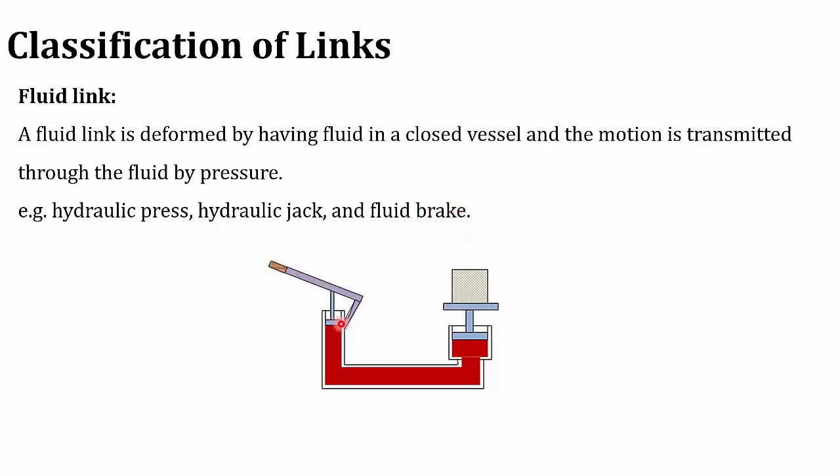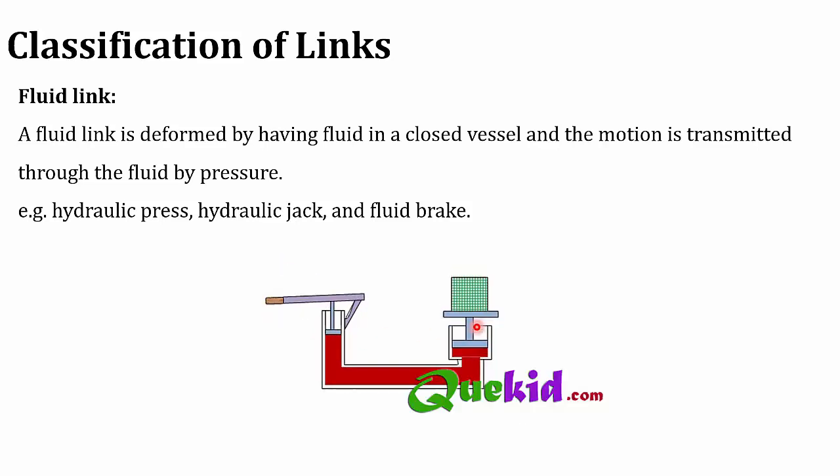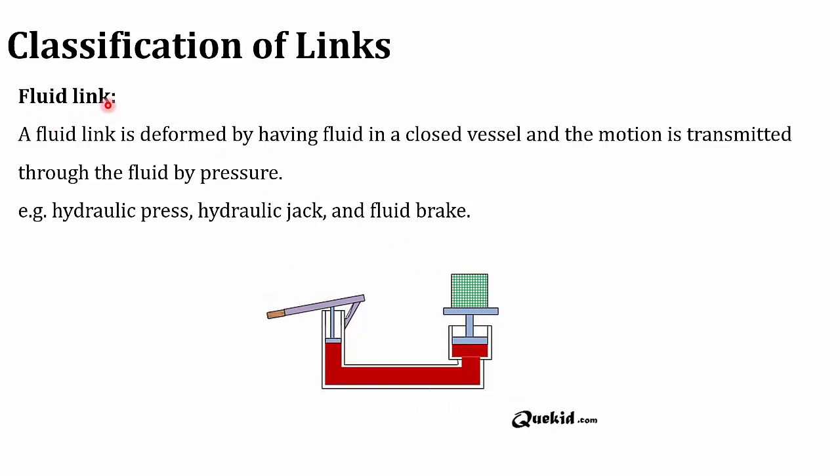In your hydraulic jack, you can see that the force is applied and the motion is produced in the fluid here, and because of the motion produced here, it lifts the weight here. So the motion is transmitted through the fluid. That is why it is called a fluid link. In the fluid link, the fluid is used as a member to transmit the motion.